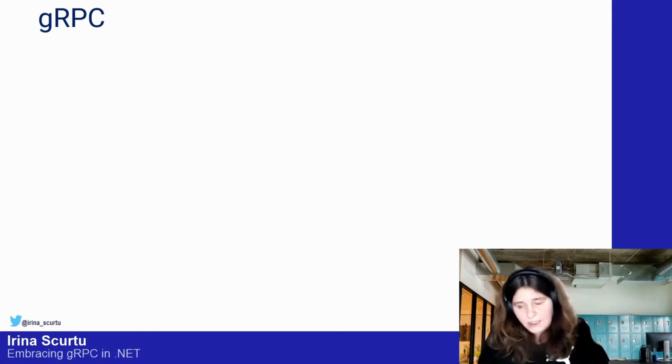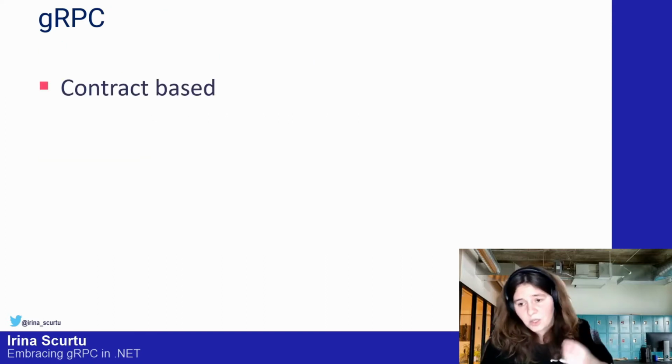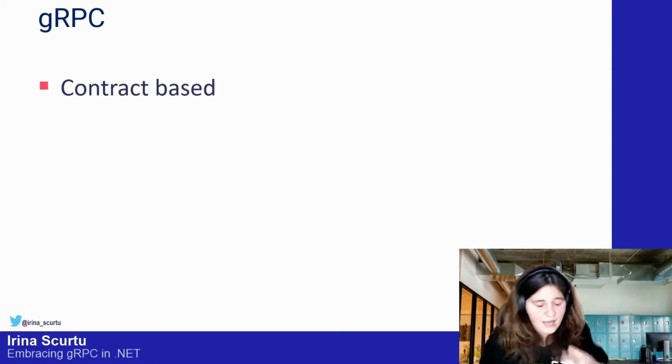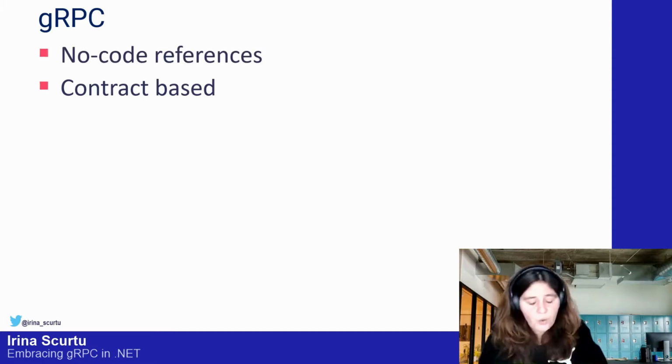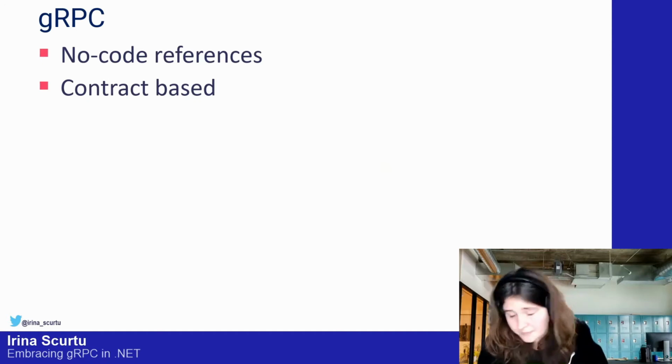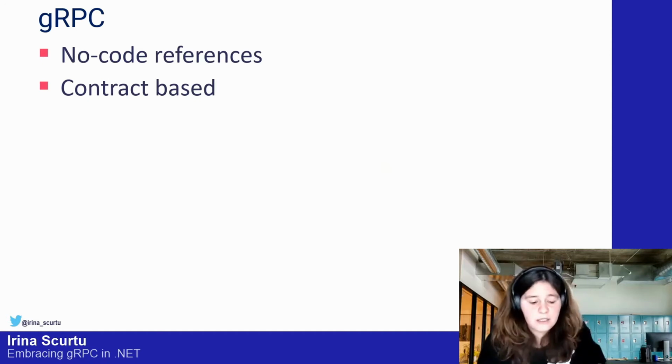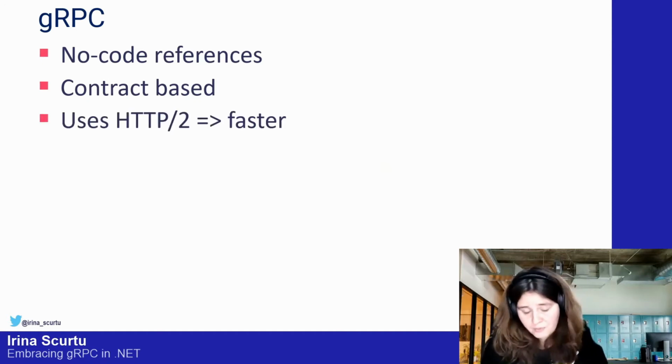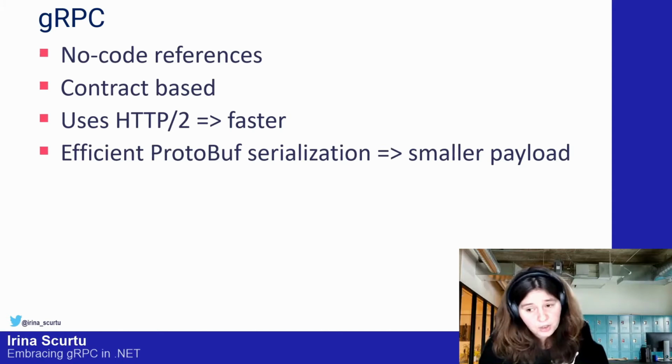What is gRPC? gRPC, first of all, is contract-based. You will have absolutely no code references when it comes to what you have available and what you expose. Underneath the scenes, it will use HTTP/2, which is inherently faster. And when it comes to serialization, it will use protobuf, that is, it will end up with a smaller payload.